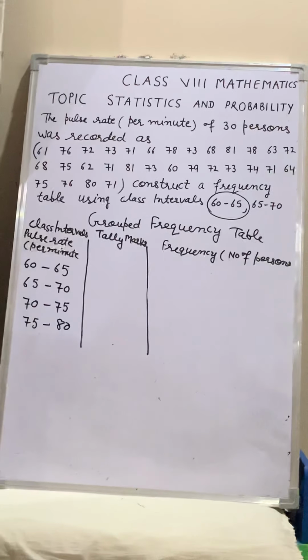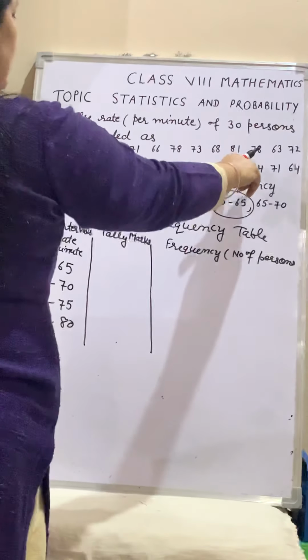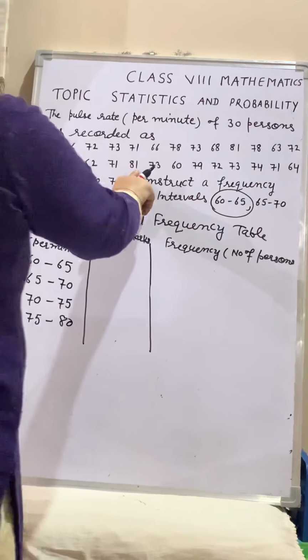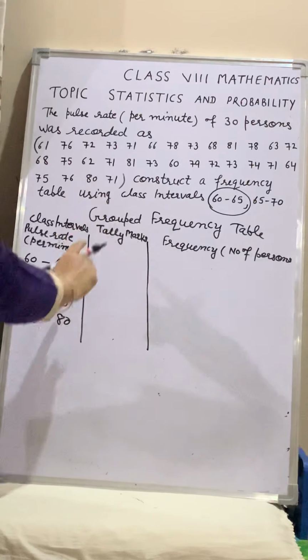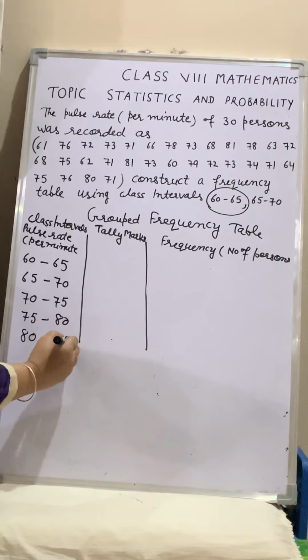Observe the last: the highest is 81, not more than 81. So we will write 80 to 85 last.